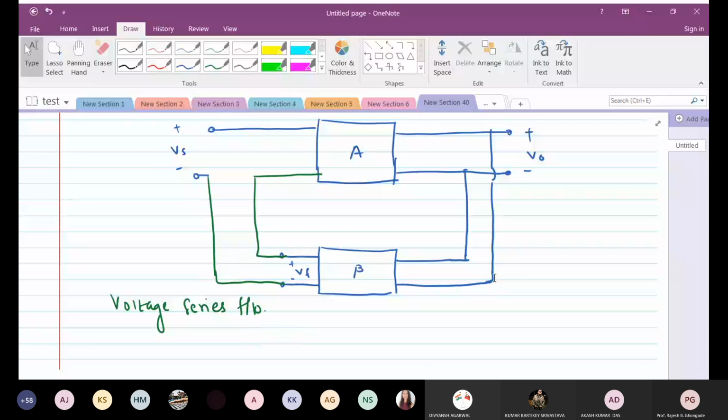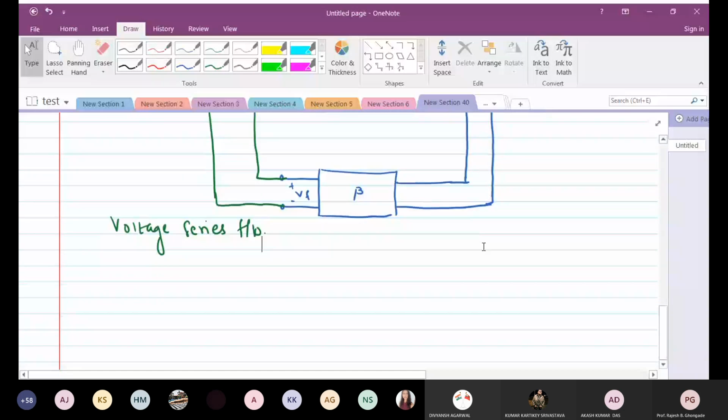Similarly, on the output side also, we can play around with this. Suppose, have you understood the concept of this voltage series feedback at least? Yes, sir. Okay.